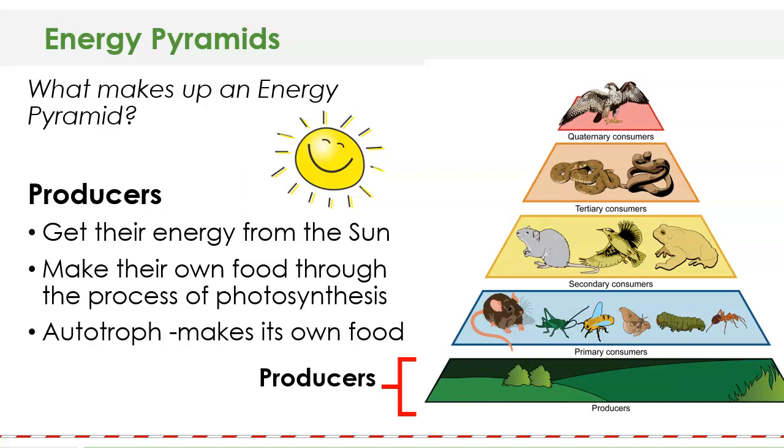They make their own food through a process called photosynthesis. We've talked about that before. And so we've got a new vocabulary word that we can use with producers, and that vocabulary word is autotroph. Autotroph means that it makes its own food. So producers are also known as autotrophs.